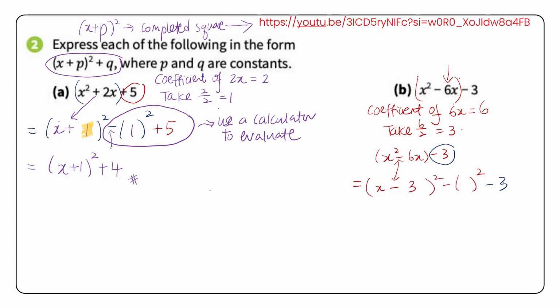The 3 is where you get it here. Minus 3 squared. And as we mentioned earlier, use a calculator to evaluate. That will be negative 9. Negative 9 minus 3 is negative 12. Okay, so that's how we do it.